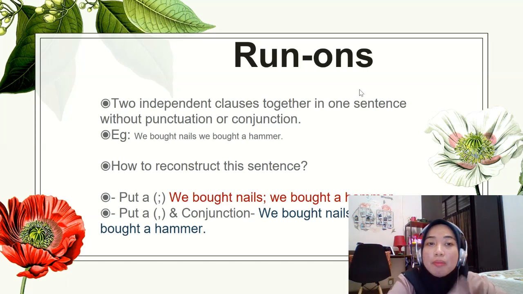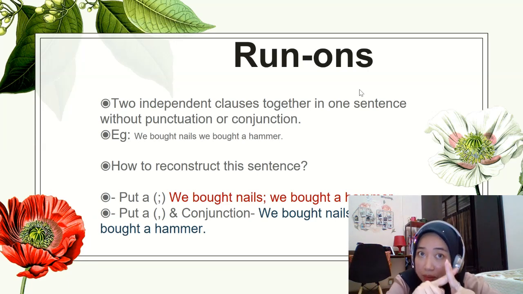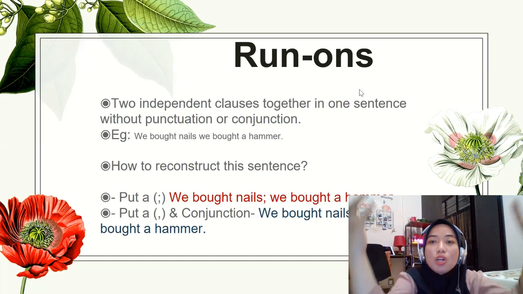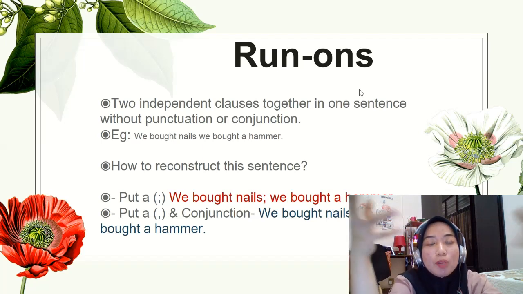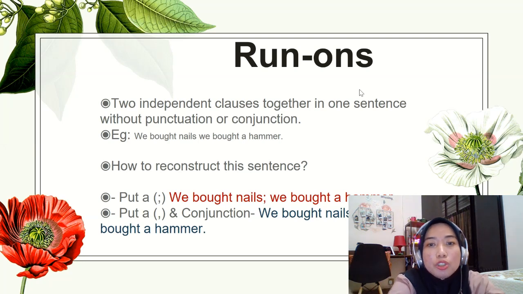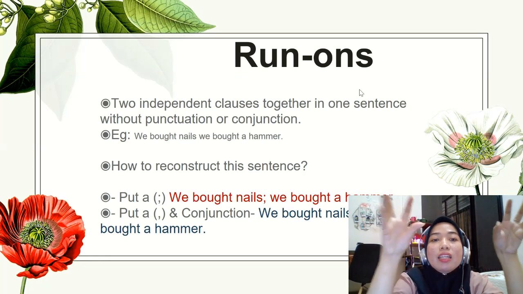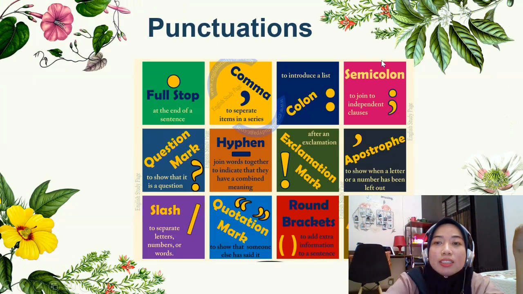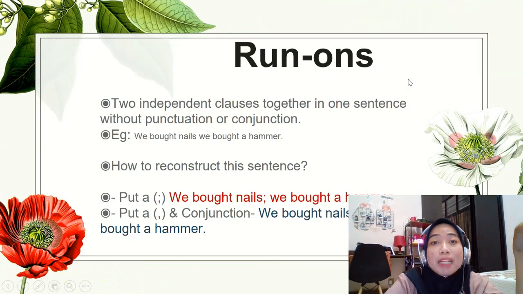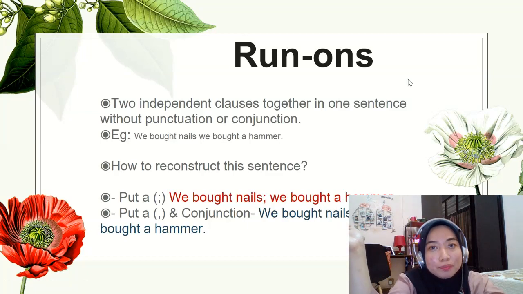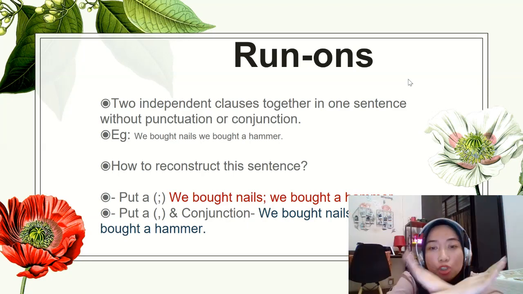So just now we learned about independent clause: subject, verb, object. When you have subject, verb, object in one single sentence, two independent clauses, but you don't put a conjunction or the punctuation semicolon here, it becomes run-on. So run-on is a mistake that you should not do.